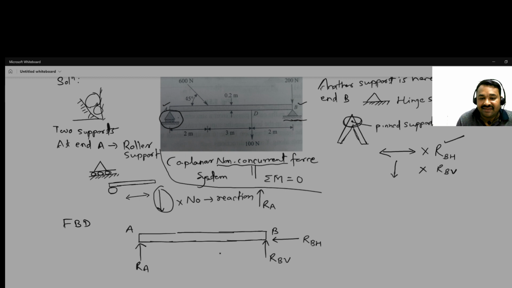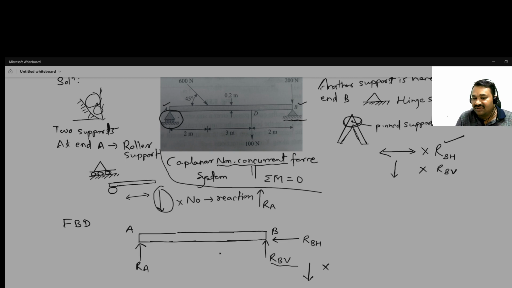You can see the direction of RBV, vertically upwards. Why? Because this beam cannot go vertically downwards.